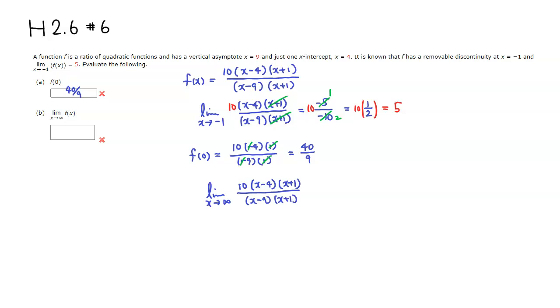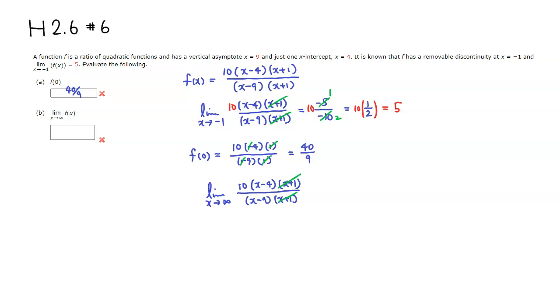We can go ahead and cancel the common factor because it's not going to make any difference. Then we can use the trick. You have a polynomial of degree 1 on top and a polynomial of degree 1 on the bottom, and the leading coefficient is 10 over leading coefficient 1, so it's going to be 10.